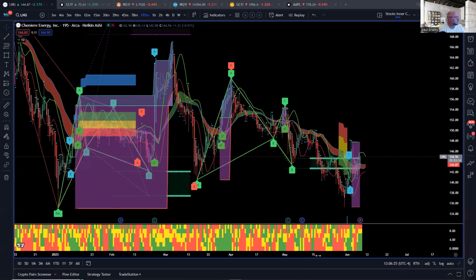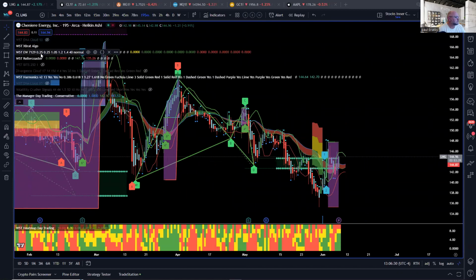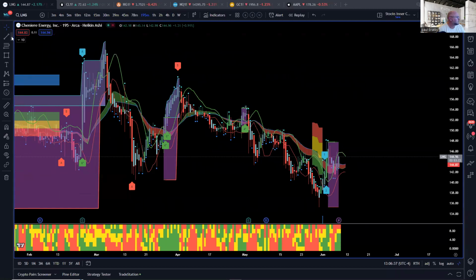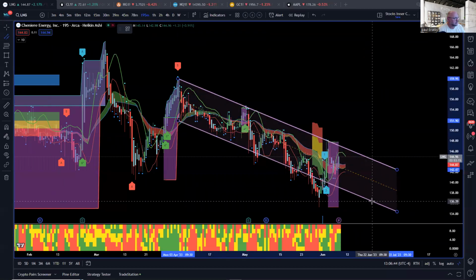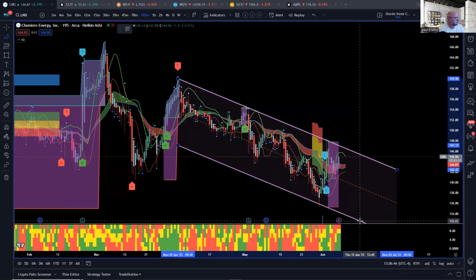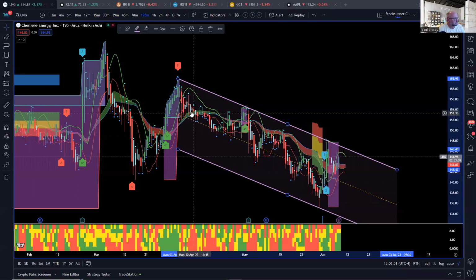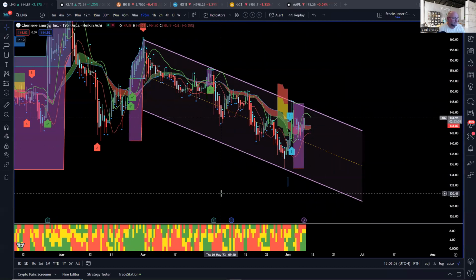We've got a long signal there. So what I'm going to do is take off harmonics a little bit. I'm just going to draw that channel in here. This is crucial, I think. The center line's pretty strong there, and they had a 120.